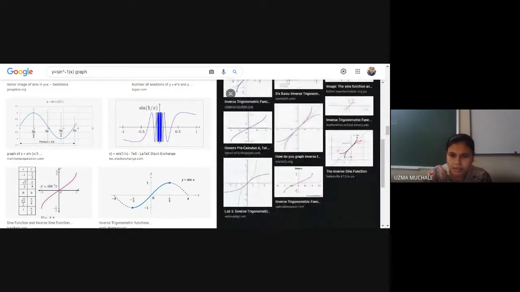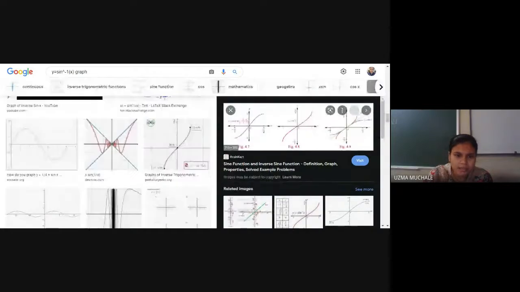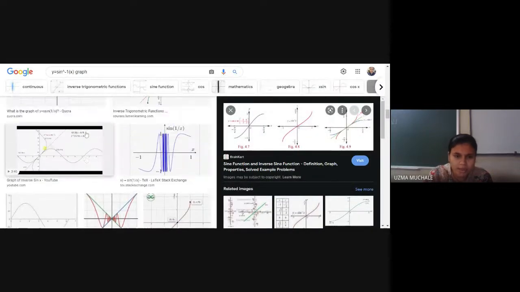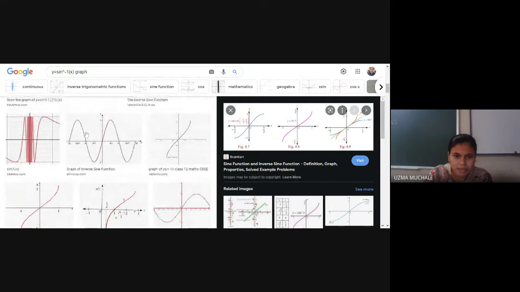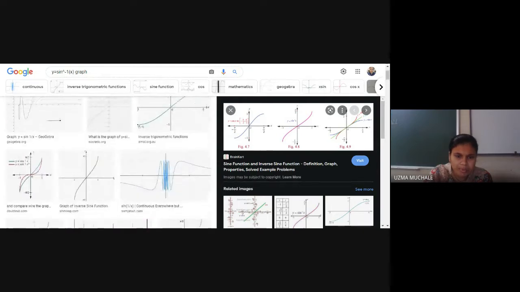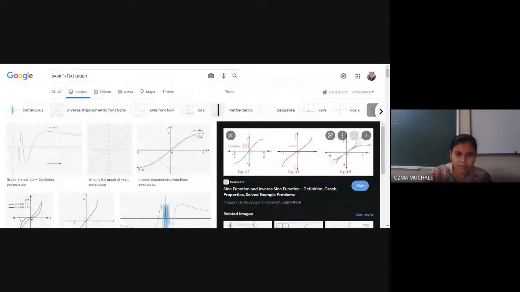Okay, let me check on a whole real line. If I get the image for whole real line, then you can understand कि आपका जो साइन इनवर्स फंक्शन है वो सिर्फ -π/2 to +π/2 में कंटिन्यूस है, उसके बाद वो ब्रेक हो जाएगा.